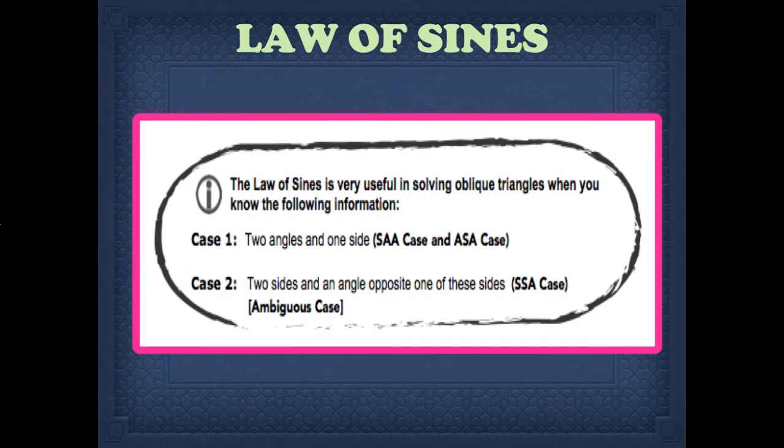Now take note also of the two cases where the law of sines applies. Case 1 is when we are given two angles and one side, and this is called the ASA case or SAA case. And case 2 is when we are given two sides and an angle opposite one of these sides. This is known as the SSA case or the ambiguous case.